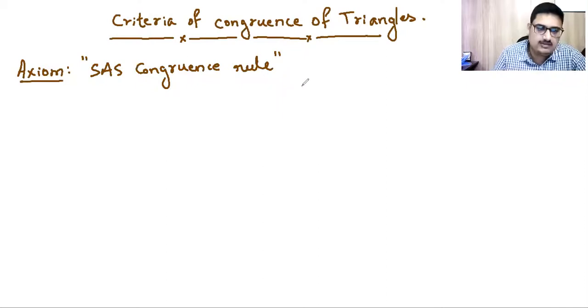What does the SAS congruence rule say? Please make a note of this.